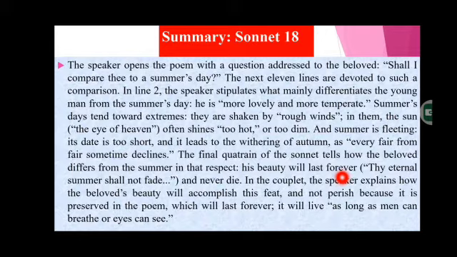Time will change, people will change, generation after generation, everything will disappear, but his beloved will remain alive, the same in the lines of this poem. That's how his beloved becomes immortal.